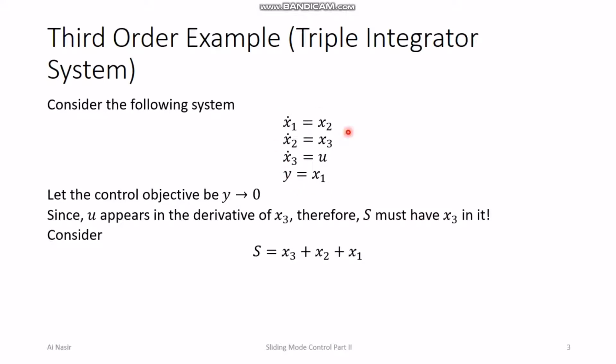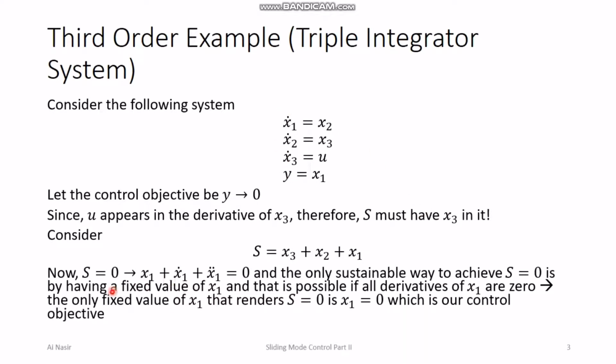If you look into the structure of the problem, you can see that if S is equal to 0, then this implies x1 plus x1 dot, which is x2, plus x1 double derivative, which is x3, is 0. So the sum of x1 and all its derivatives is 0.